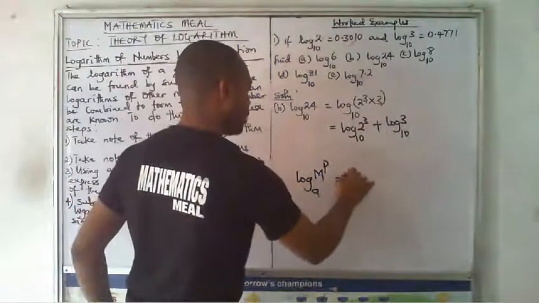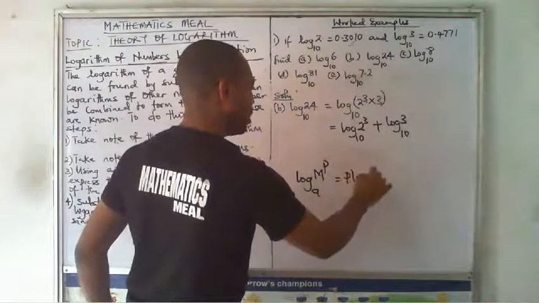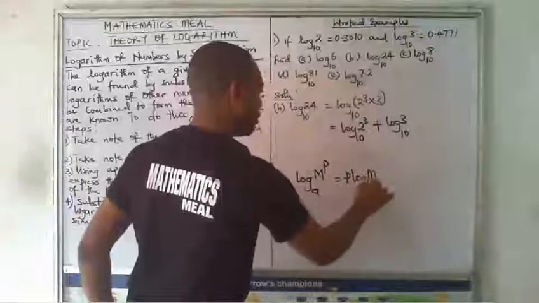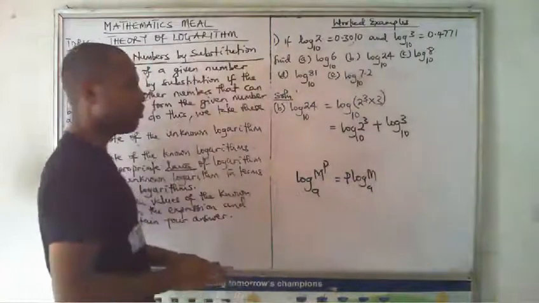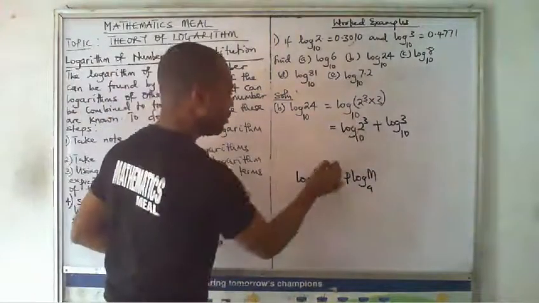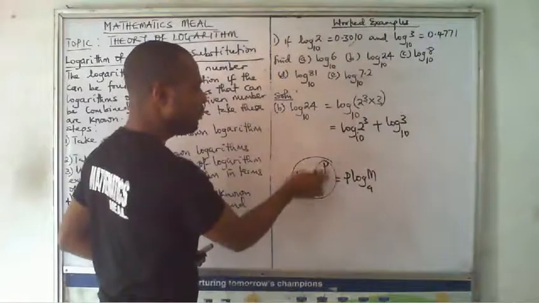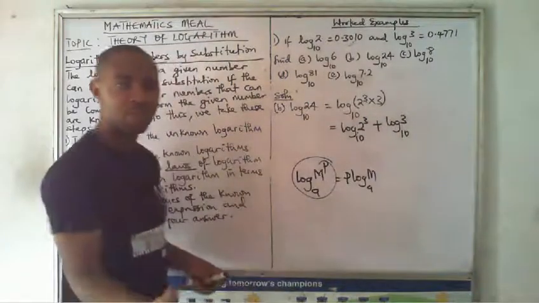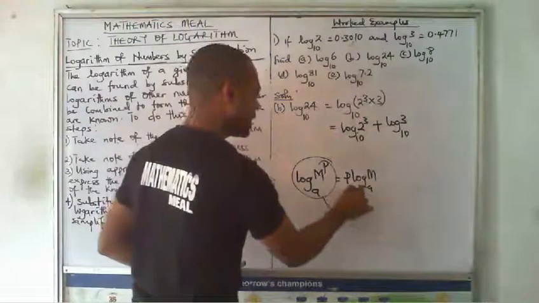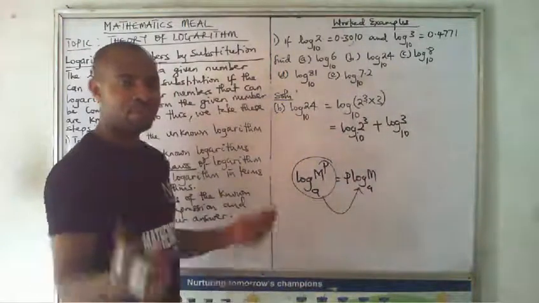So if we do that, we have p log n in this form. But leaving it in this form will not help us to solve our problem, so let's take it like this. You see the beauty.